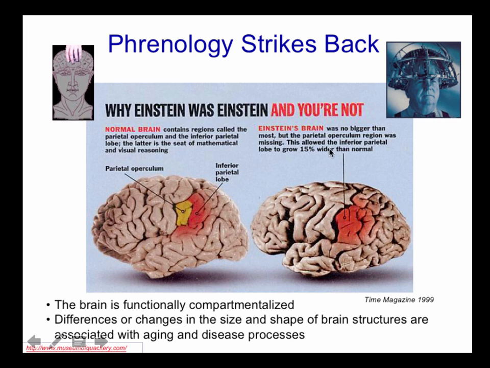Well, it turns out that this inferior parietal lobe is actually the seat of mathematical and visual reasoning. And so the scientists who are studying this brain made the conjecture that perhaps this structural anomaly in Einstein's brain actually led to his brilliance in science and physics.